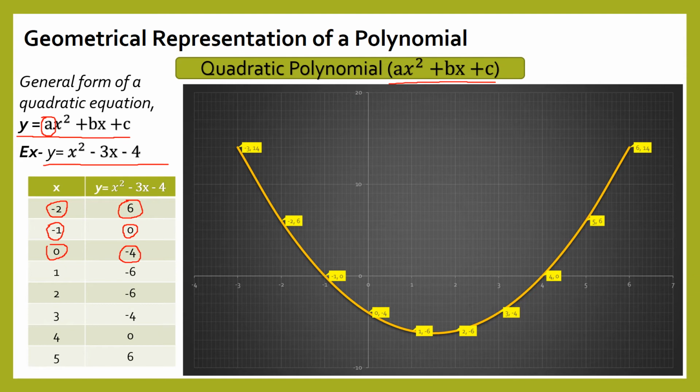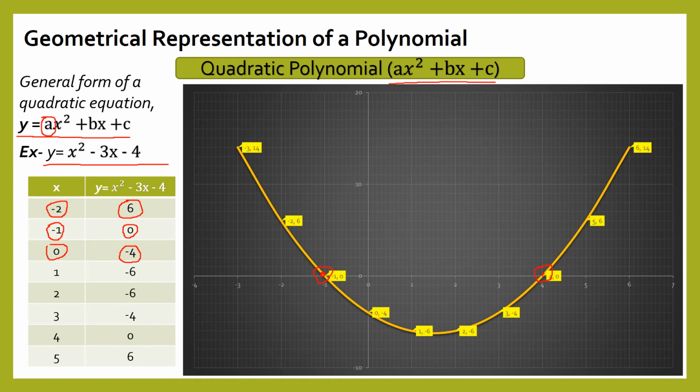Another thing which is very important is where this particular curve crosses the horizontal axis. So we have 2 points where this parabola crosses the horizontal axis.